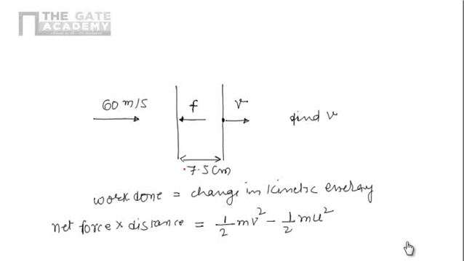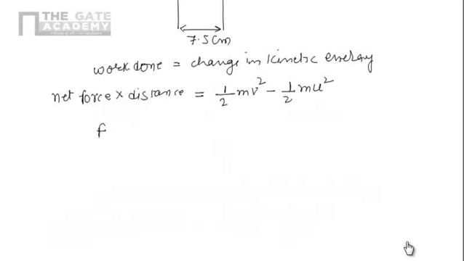Force and displacement are in opposite directions, so we write force into 0.075 as negative according to the definition of work done. So 1 by 2 mv square minus 1 by 2 m and u is 60, so 60 square.